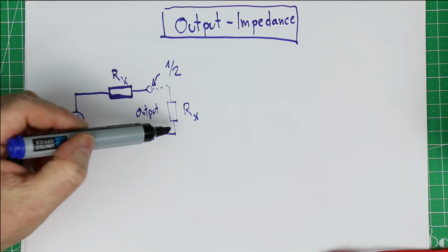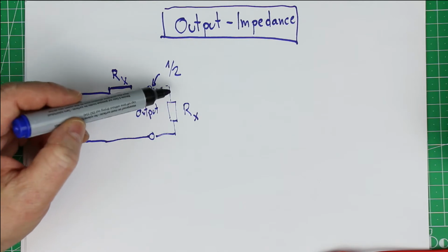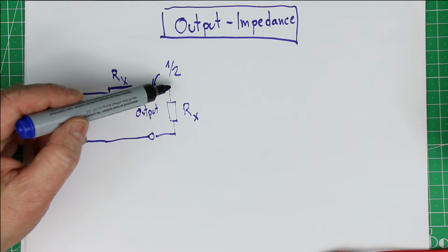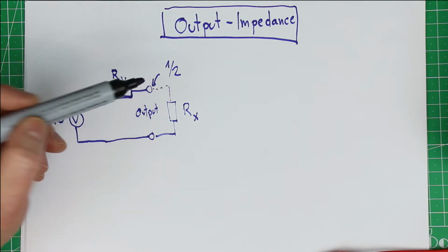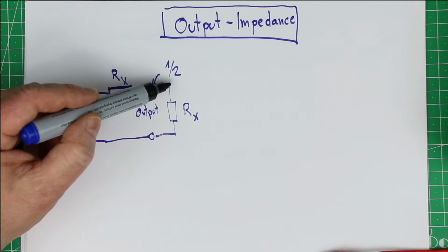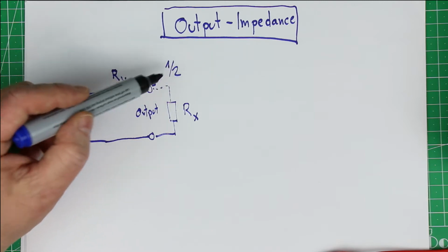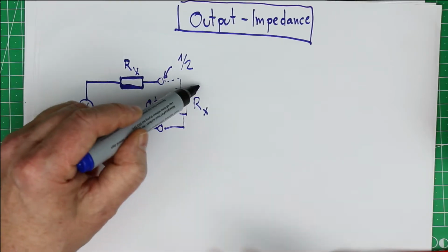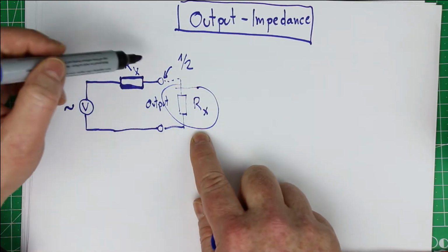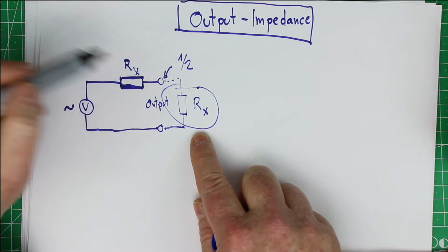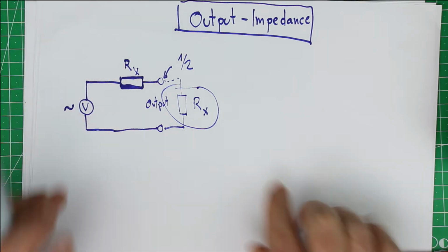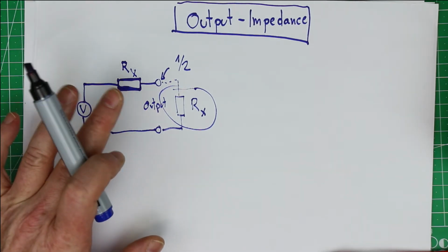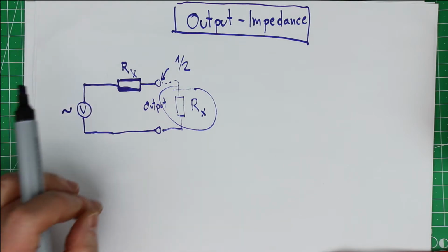Watch the display of either your multimeter or your oscilloscope, and find the point where the output gets to 50% of its unloaded value, and then you know that your load resistor is exactly the same as your output impedance. So that's the way how to measure an unknown output impedance.